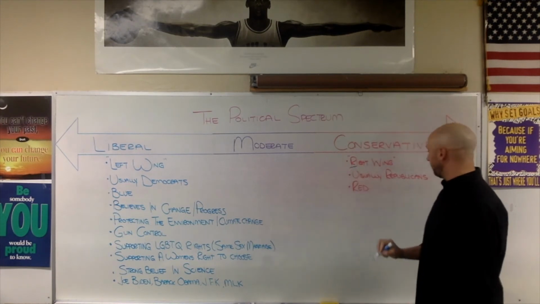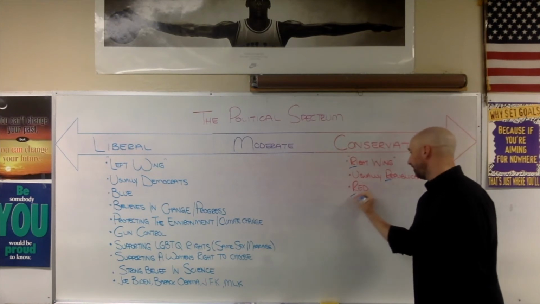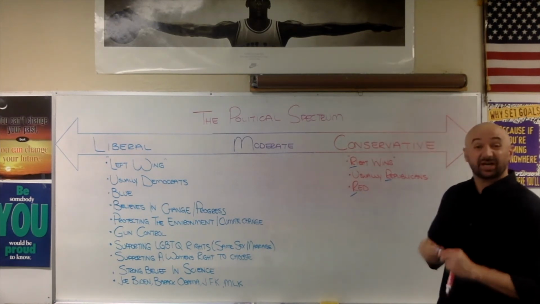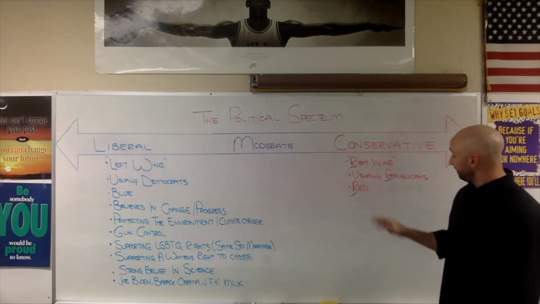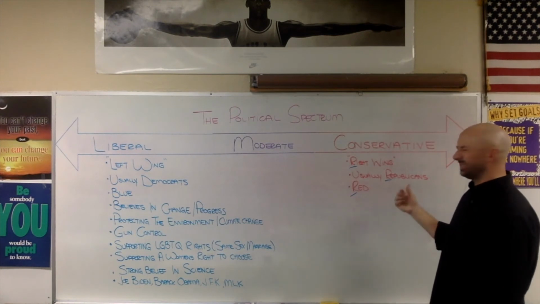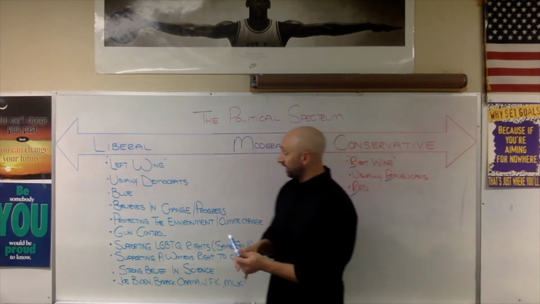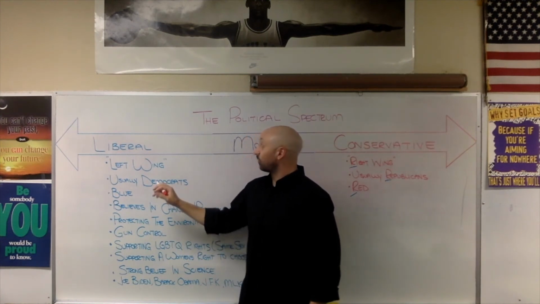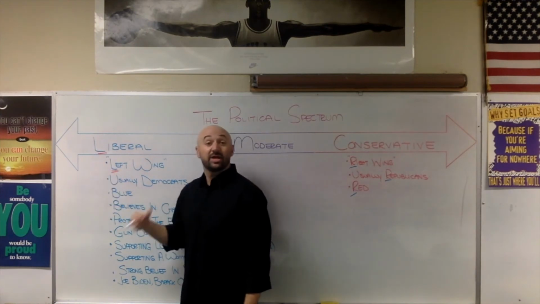Right wing, Republican, and red. What side is red? Red, Republican. Republicans are on the right wing. Same with the left wing: we have the L in liberal, and we have the L in left wing.